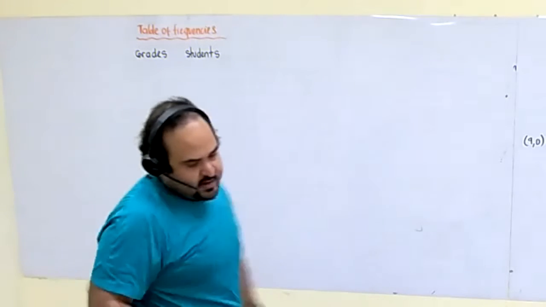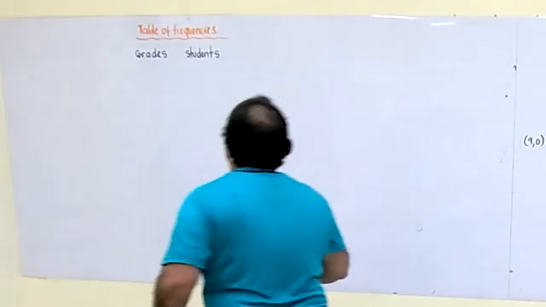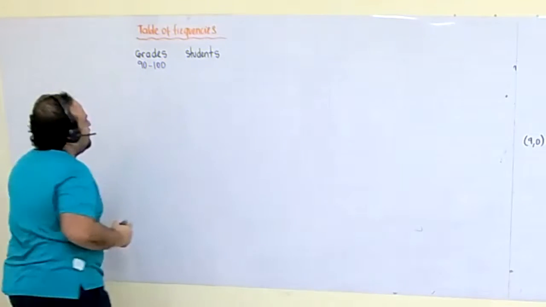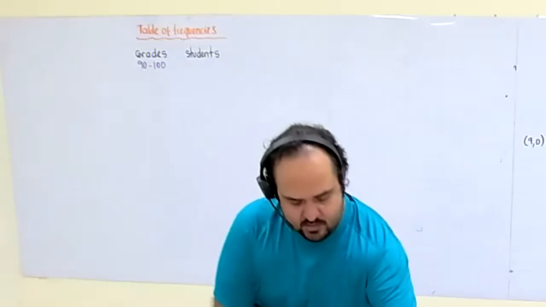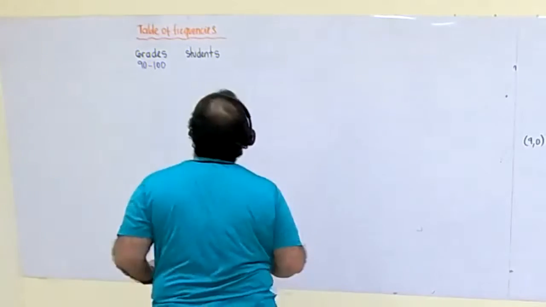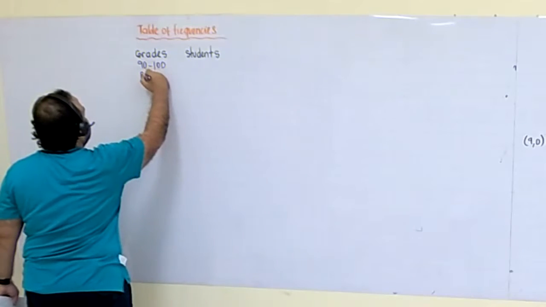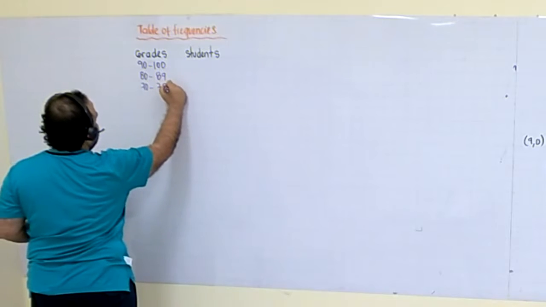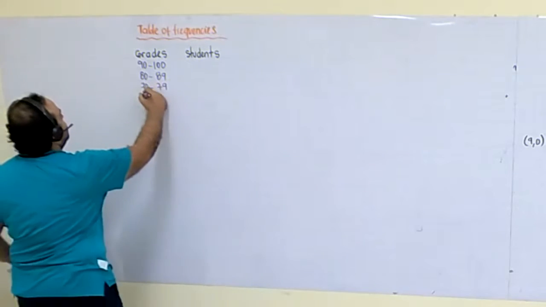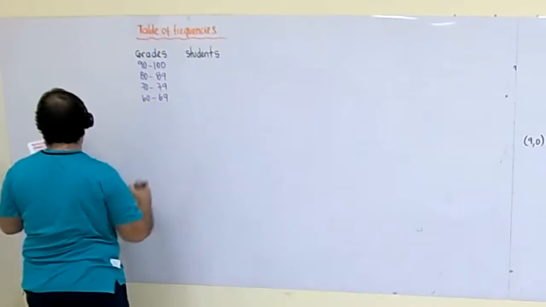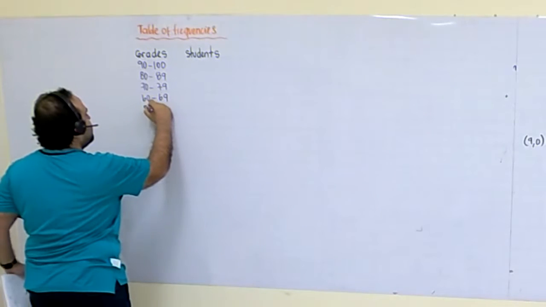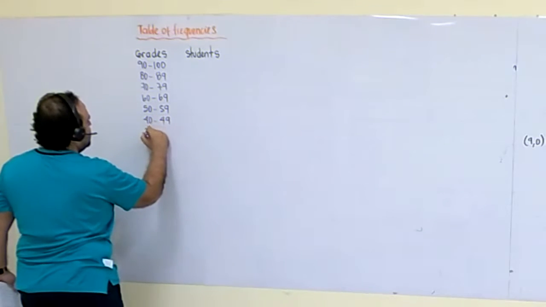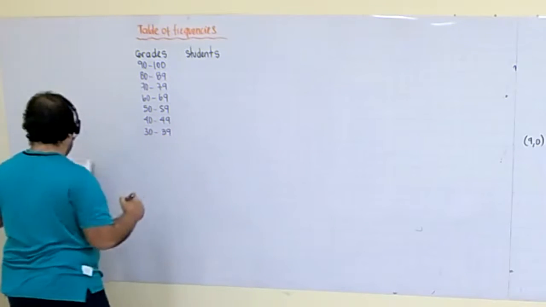The grades that we were talking about yesterday were 90 to 100, 80 to 89, 70 to 79, 60 to 69, 50 to 59, 40 to 49, and 30 to 39.